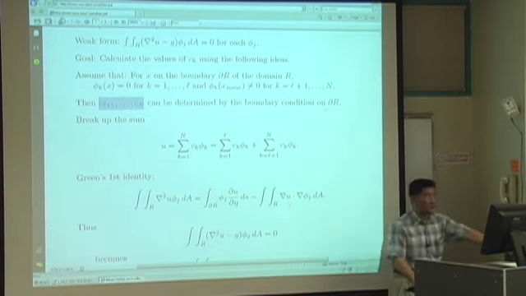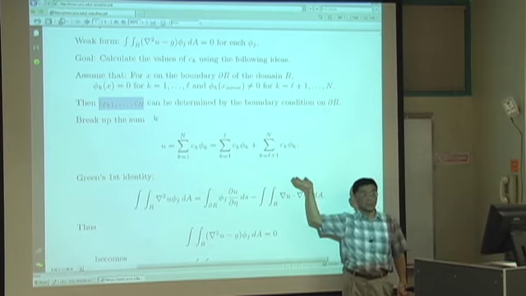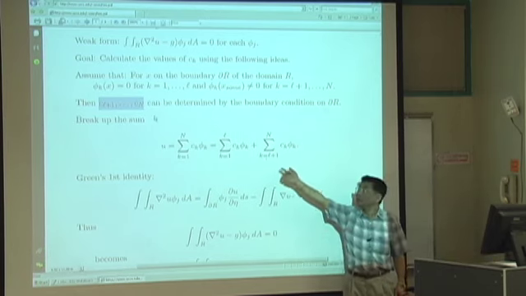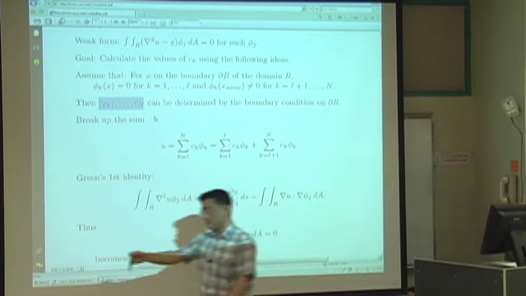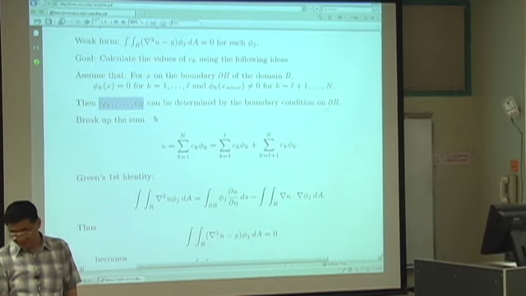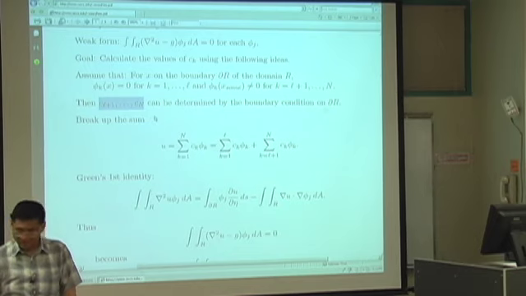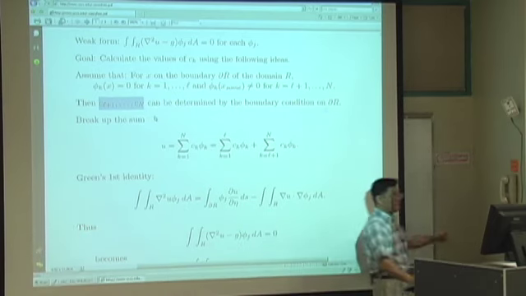So determine this coefficient using the boundary value. So in some sense, you can do it anytime, right? Just have a basis function, and then we just determine C value using the boundary value given by the problem. Then boundary determines the coefficient.